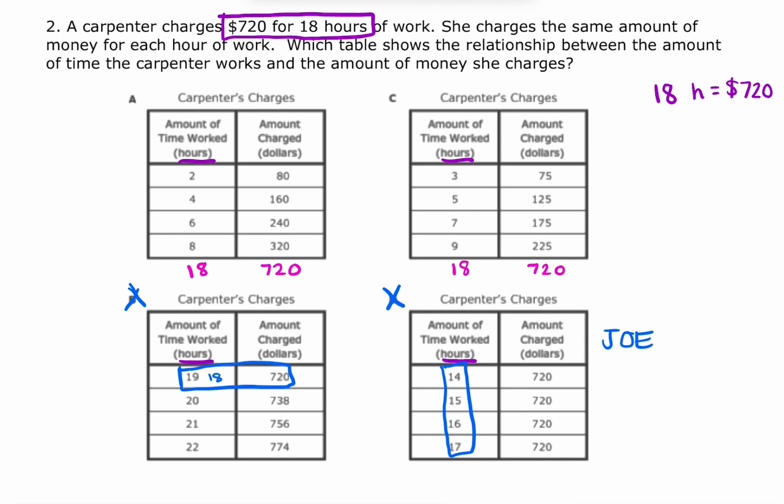How do I get from one of these numbers to 18? Something easy. So I can do 6 to 18 by doing times 3. 6 times 3 is 18. That means over here, I would also need to do times 3. So 240 times 3 to get 720. If that's true, that's my answer.